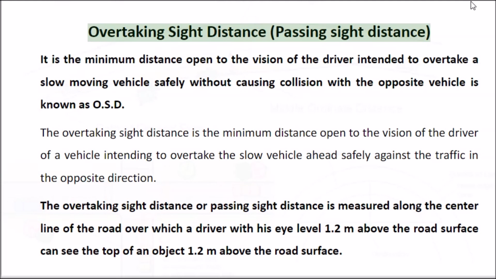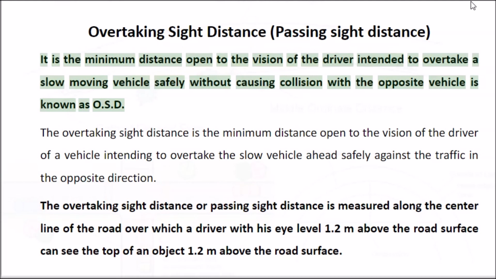Overtaking sight distance, passing sight distance. It is the minimum distance open to the vision of the driver intending to overtake a slow-moving vehicle safely, without causing collision with the opposite vehicle, and is known as OSD.